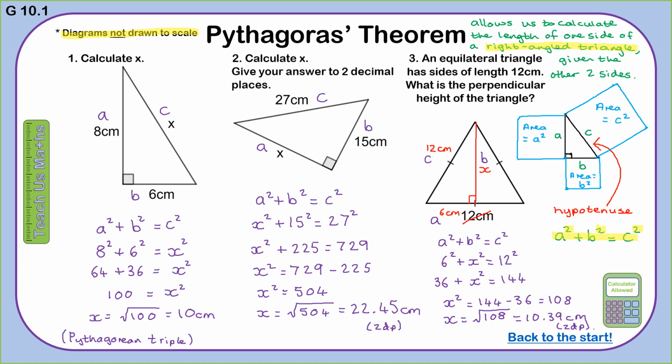So it's your turn to have a go at some questions like these then. You will be given a variety of different problems to solve. In each case, you need to search for the right angle triangle.